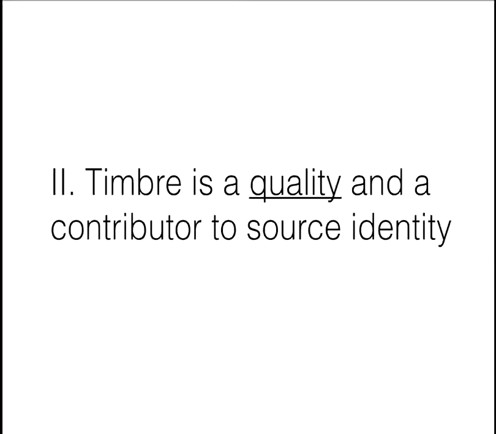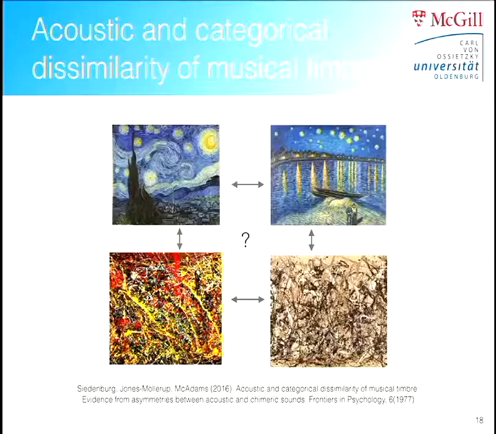I'd like to come to the second aspect of this distinction, namely the quality. This was part of my PhD. Here we were wondering what role the availability of acoustic categories plays in dissimilarity ratings.